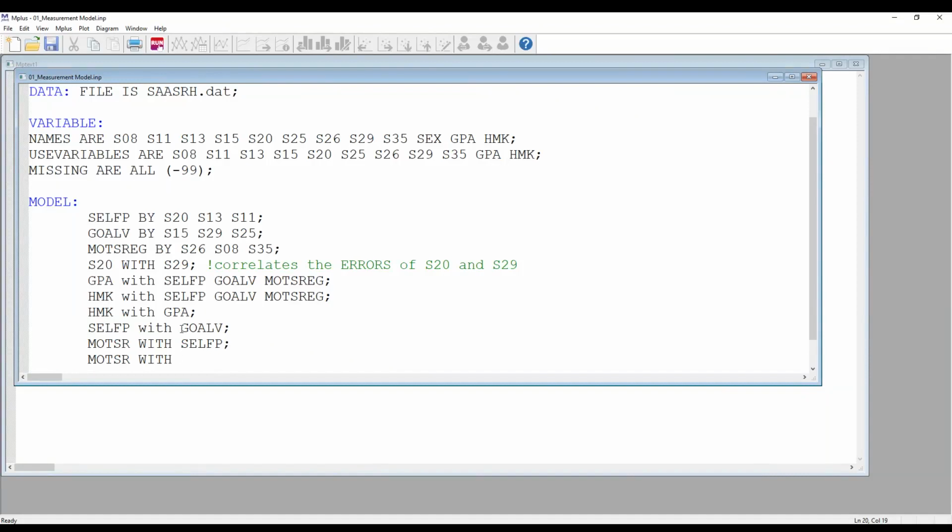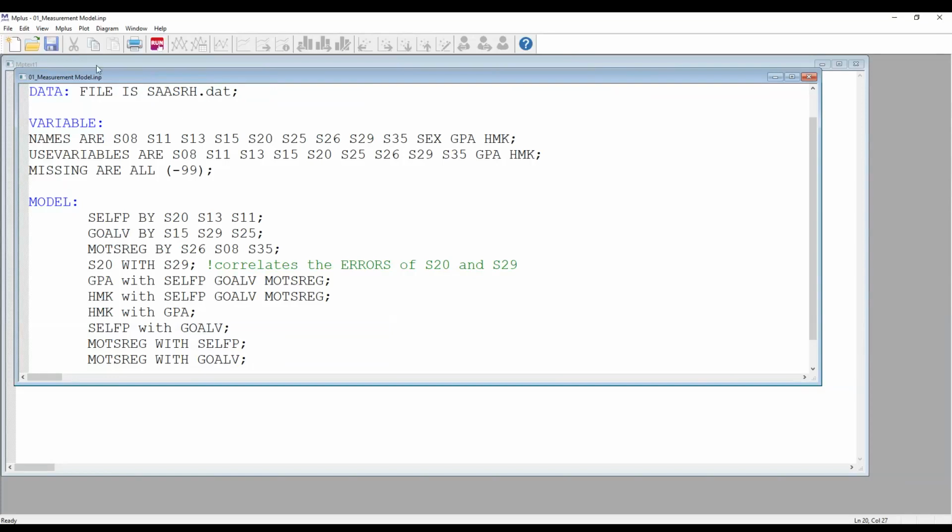That will make a big difference. Both with self-P and with, what did I call it? Goal V, right?